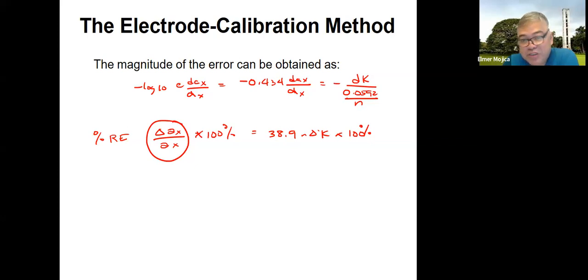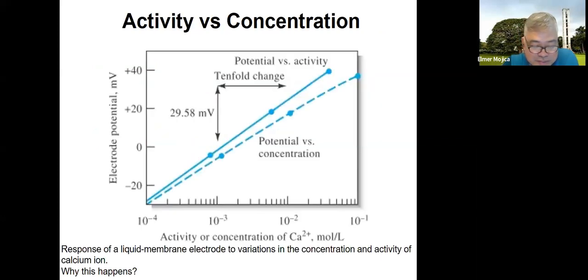But you just need to calibrate, because you're going to have this error. If you always calibrate your measuring device, it can minimize your error. That's why, as much as possible, whenever you use a pH meter, you calibrate it. That's always the rule.